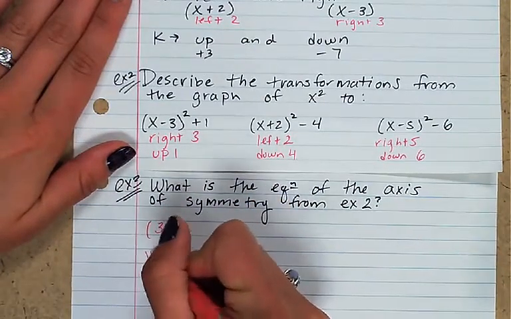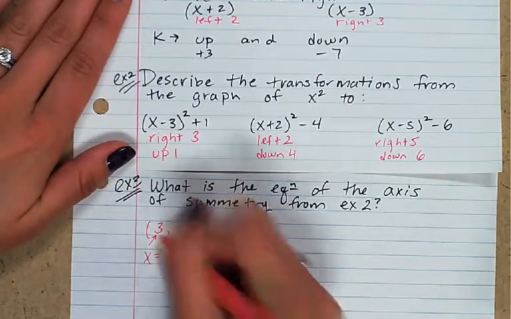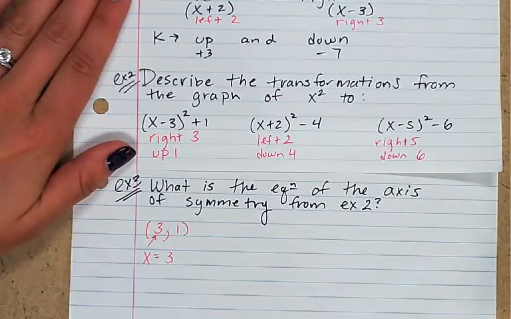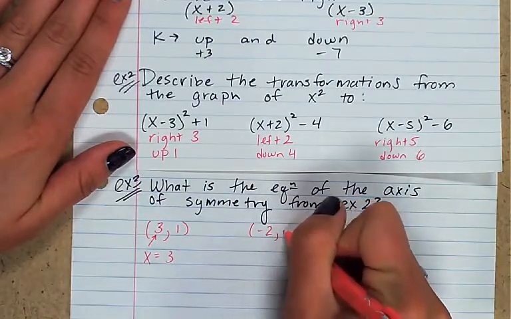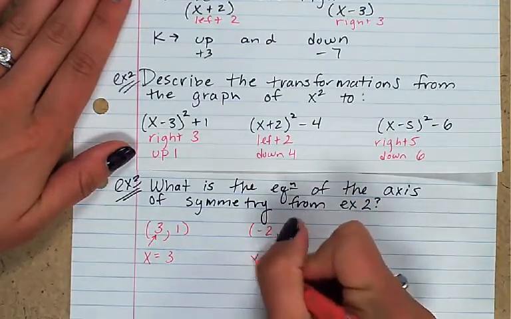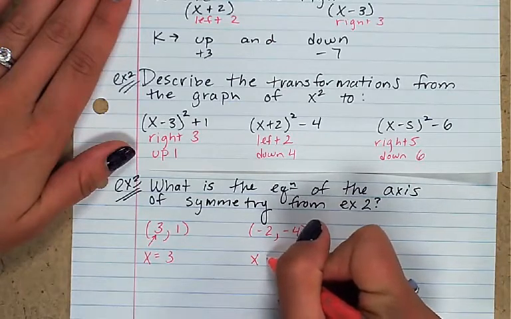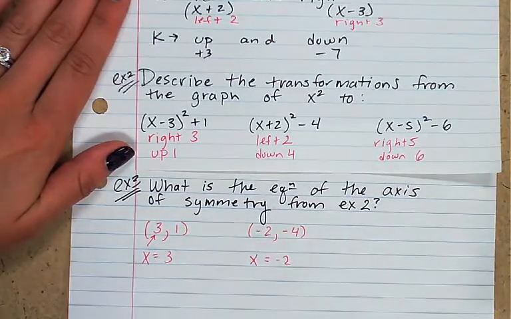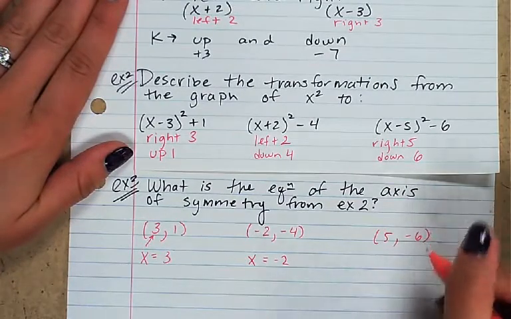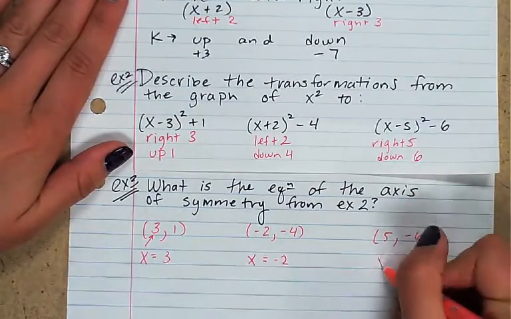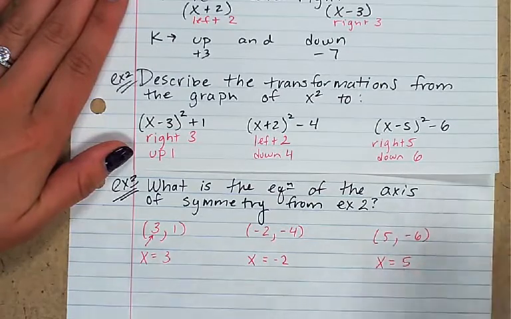The axis of symmetry would be at x equals 3. You just copy whatever that coordinate is. The second one, opposite of the inside, exactly the outside, the axis of symmetry would be the equation x equals negative 2. Opposite of the inside, exactly the outside. The equation of the axis of symmetry is x equals 5.